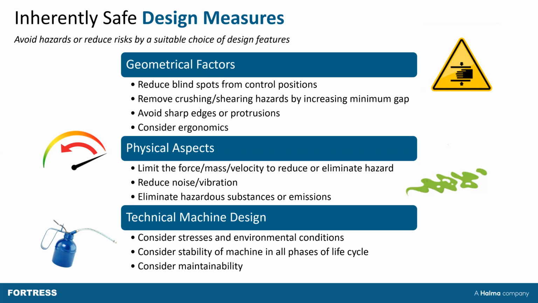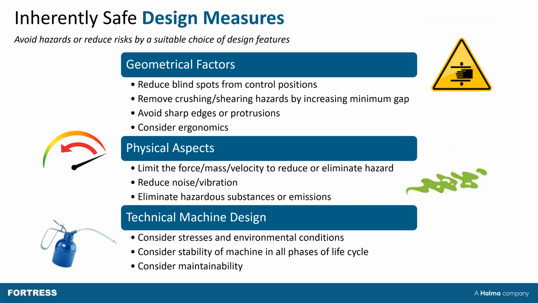Physical aspects. Do you need that press to be going at 5 meters per second or something? Could it go slower? Could you make it such that that big thing that's going to hit someone just leaves a bruise if it happens to go wrong, rather than smacking them in the face? Things like that. Can you reduce things inherently?